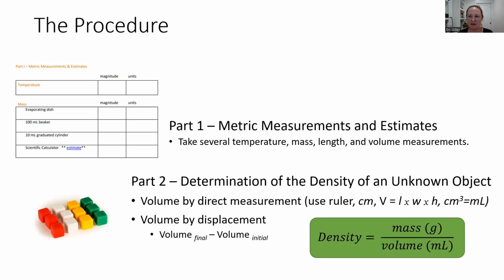And then you're going to get the volume measurement 2 different ways. The first way will be through direct measurement using a ruler. So you'll use a ruler to measure the length of one of the sides, right? And because it's a cube, all the sides will have the same length. Remember to record to the proper number of significant figures, estimating between those hash marks.